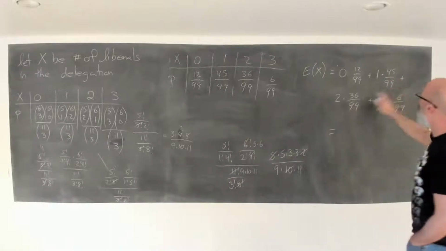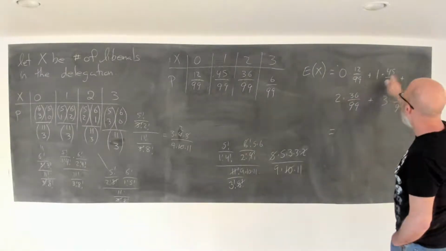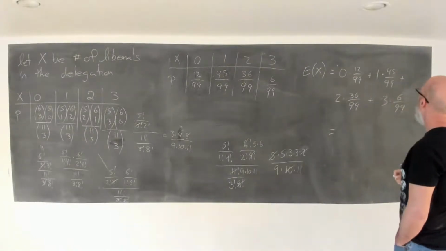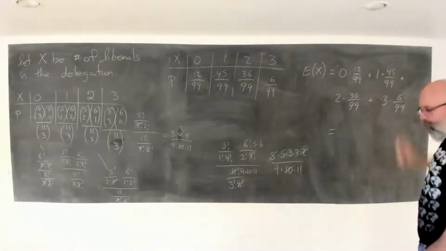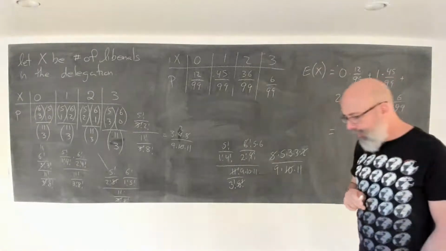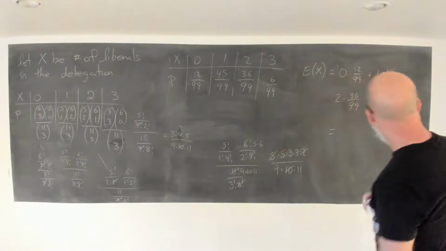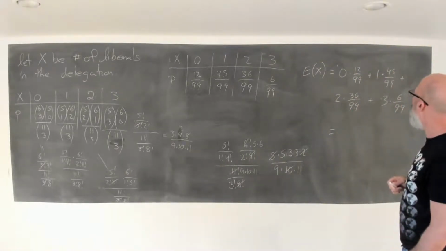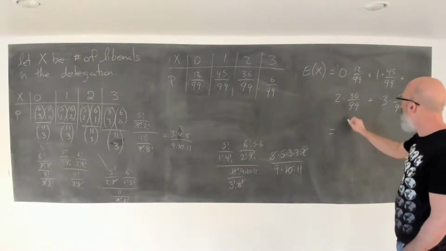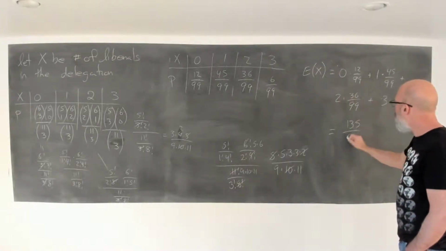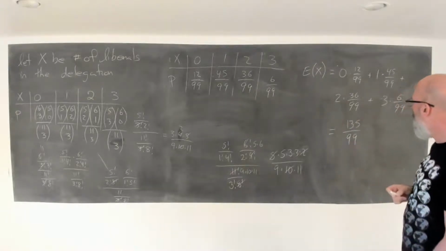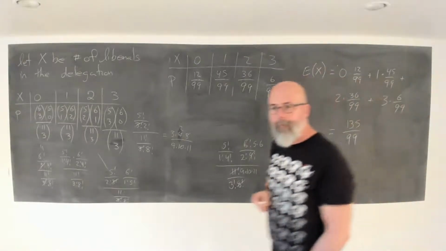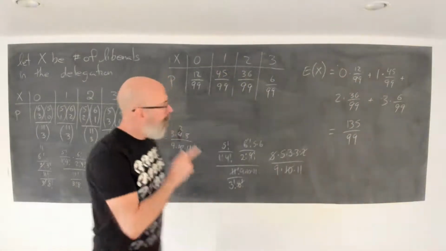What is that? That is 72. 72 plus 18, that is 90. 90 plus 45 is 135 over 99. Is that correct?